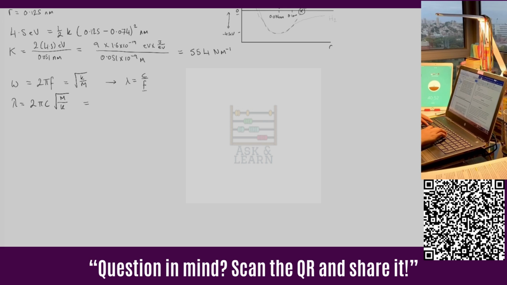And then once we substitute in all our values, we should get roughly 2 pi multiplied by 3.0 times 10 to the 8. And then we know the mass as 1/2 of 1 atomic mass unit.